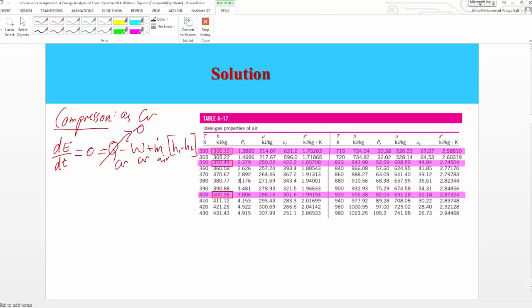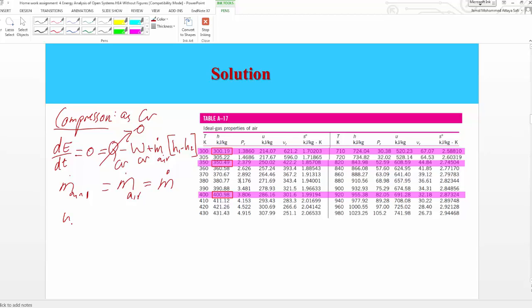According to the assumption, there is no heat transfer in the compressor. We have one inlet and one outlet, so m_air in, or 1, is equal to m_air 2, equal to the mass flow rate. So this is conservation of mass.